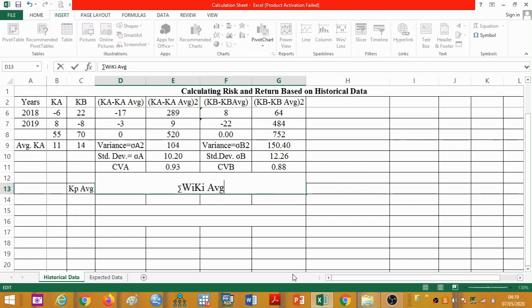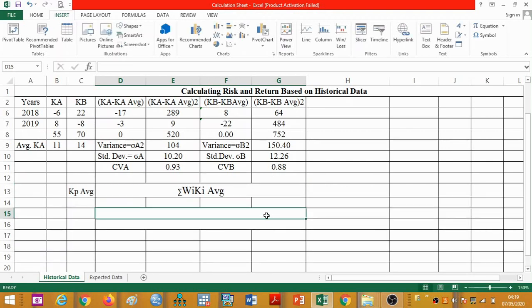That is the formula. Now what does it mean? It means that we have to take the weighted average of the individual securities' returns. Then it will be equal to the average rate of return of the portfolio.